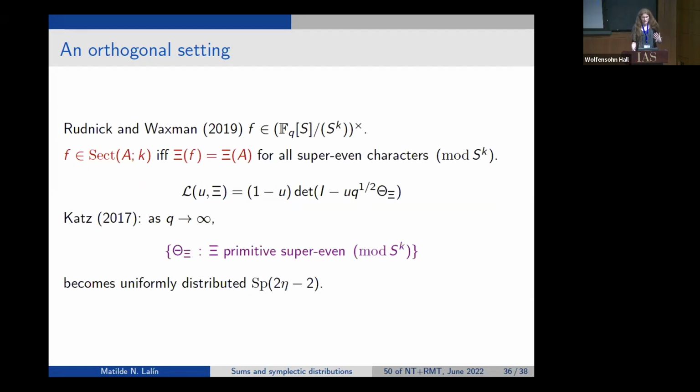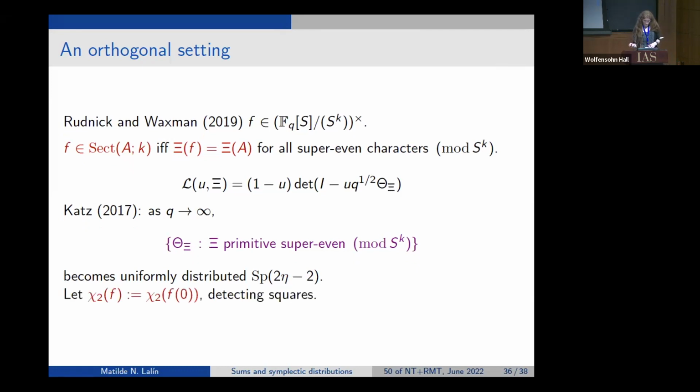And there is a result of Katz in a paper called On a Question of Rudnick and Waxman, where he proves that these super even characters become uniformly distributed on the symplectic group. And then in the same paper, Katz considers a twisting of this family.